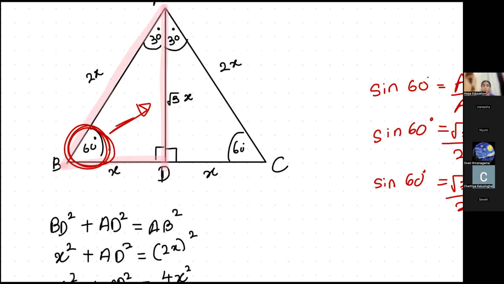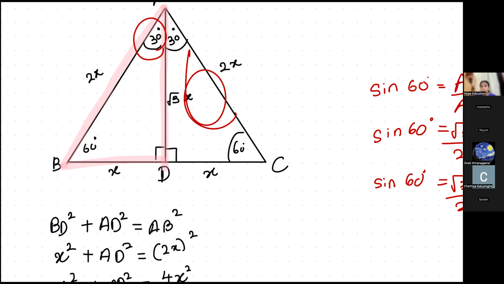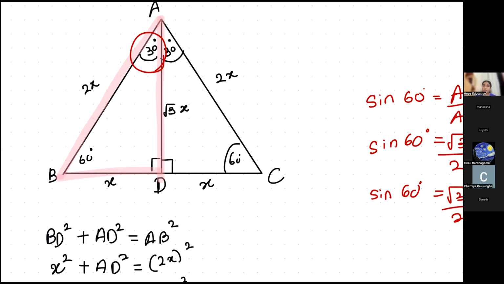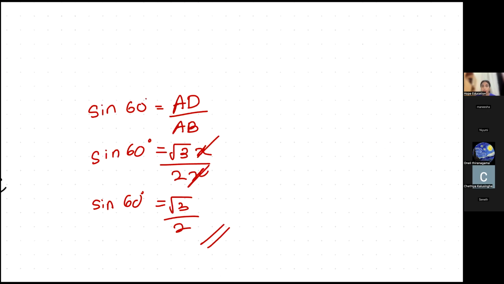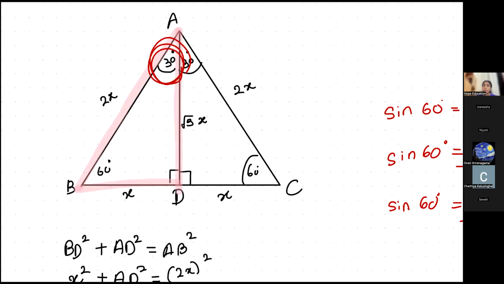Then let's look at sin 30. Here this is 30. You can use any triangle you like, but I'm going to use this triangle. Now I'm going to take this 30 and find its sin. Sin 30 is opposite side over hypotenuse. What is the opposite side to this 30 angle? BD. What is the hypotenuse?